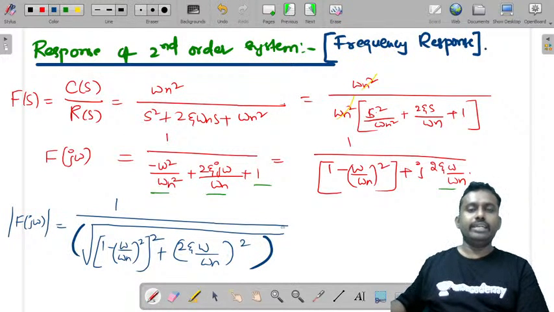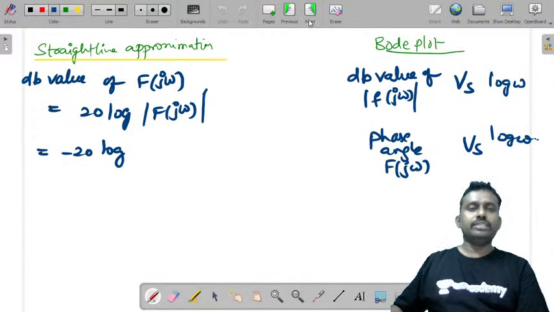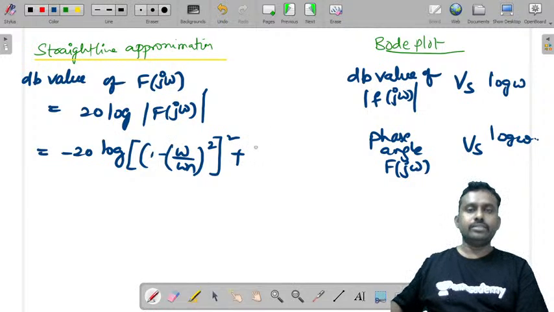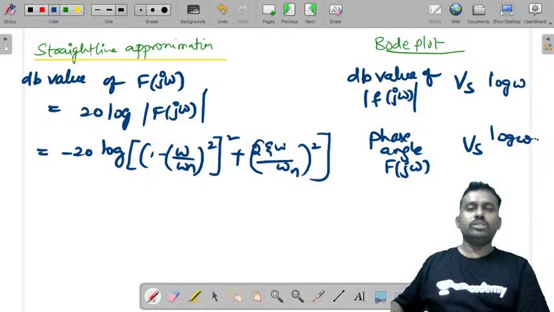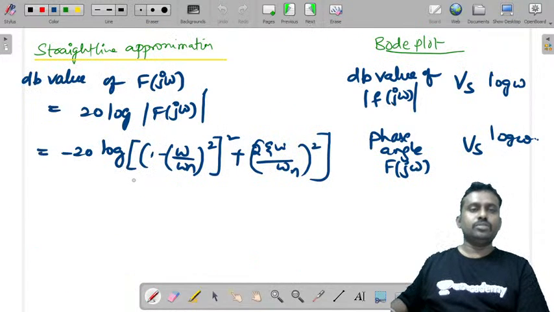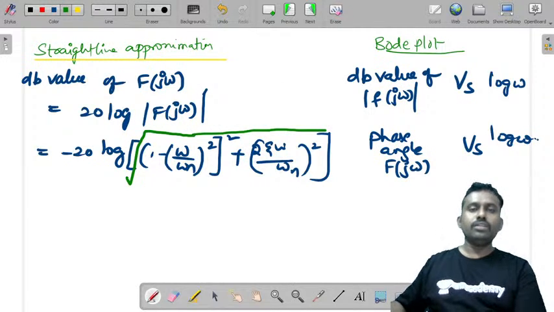If you take this term to the numerator, it becomes the whole term to the power minus 1, and since log m power n is n log m, we get minus 20 log of the square root of 1 minus omega by omega n whole square plus 2 zeta omega by omega n whole square. For the time being, we'll neglect the 2 zeta omega by omega n part, which matters at very high frequency.